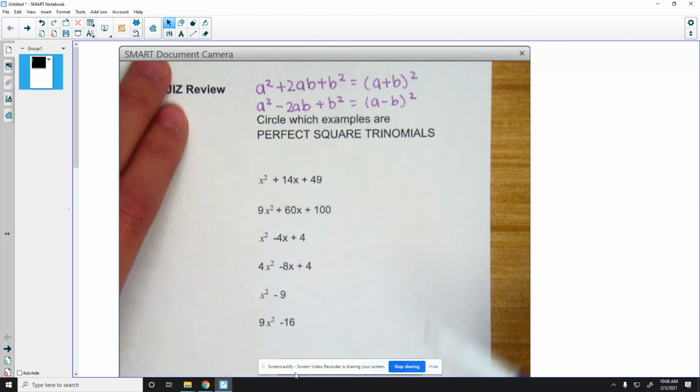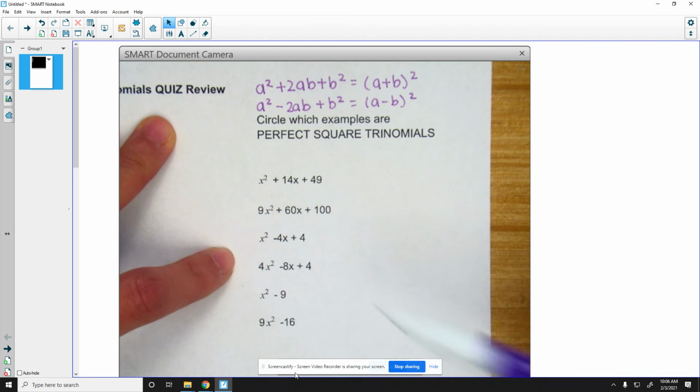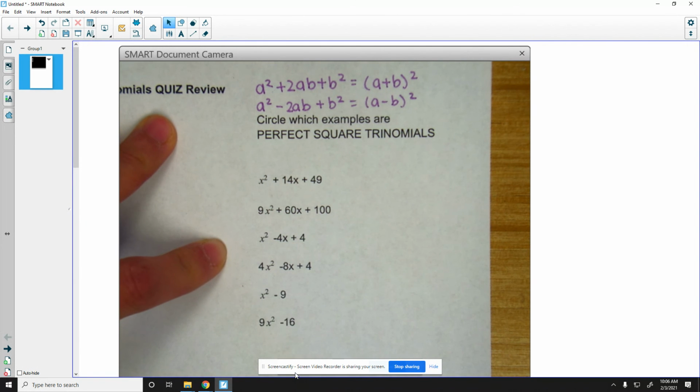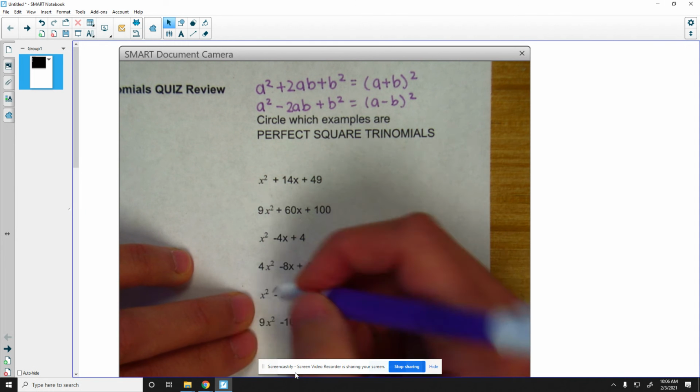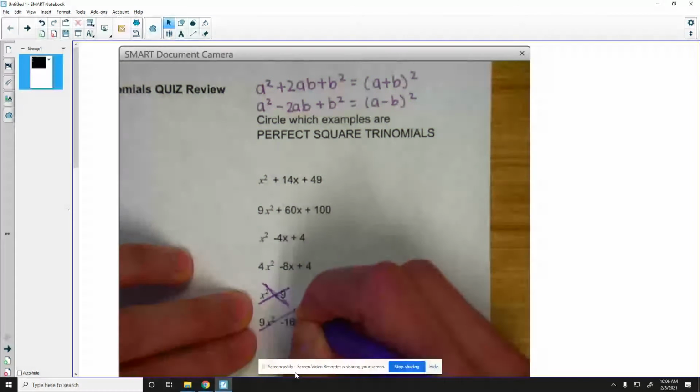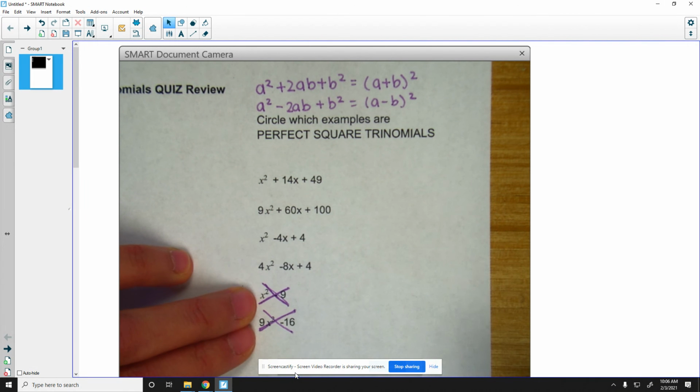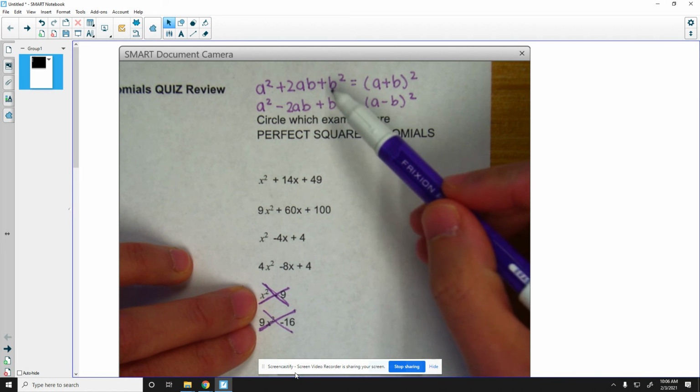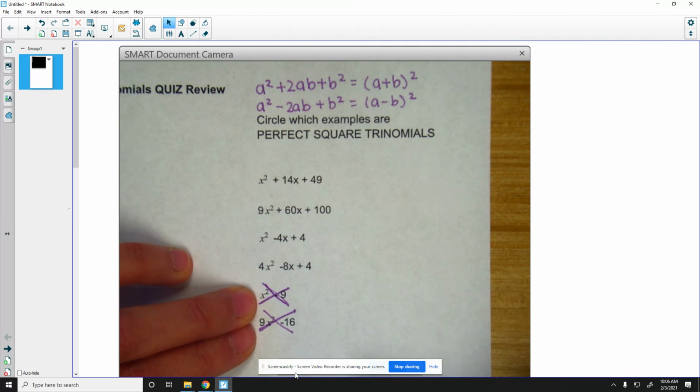So online kids, which ones can we definitely cross out? What do you guys think? The bottom 2? The bottom 2. Do you see how the bottom 2 have 2 terms and 2 terms? So those are definitely not perfect square trinomials because perfect square trinomials have 3 terms, okay?